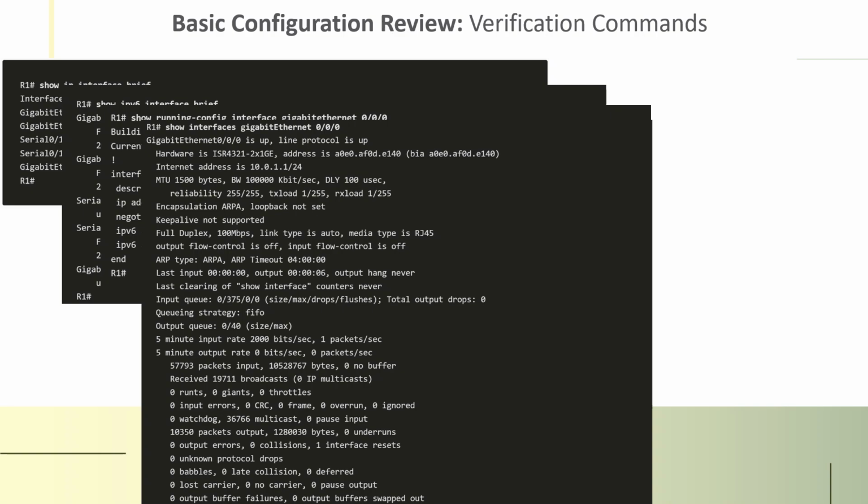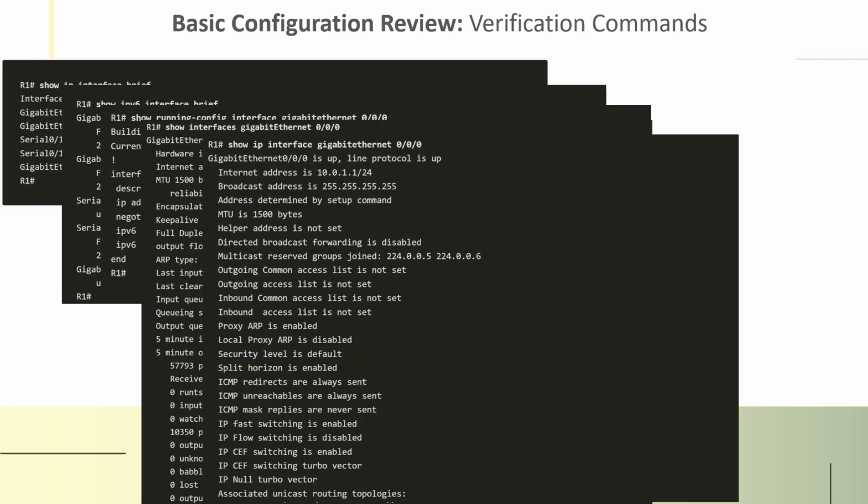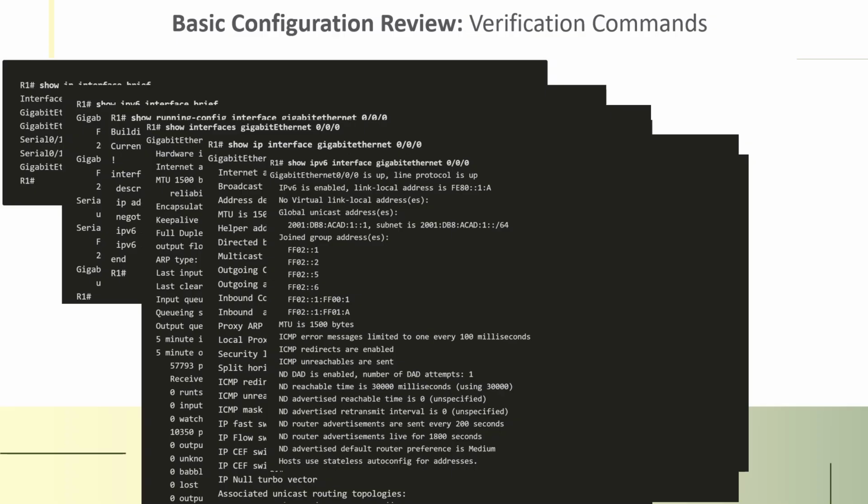And we have even the show ip interface. With show ip interface, it gives more details about the IP in a particular interface, like in this case for GigabitEthernet 0/0, and that is for the IPv4 network, and this is for the IPv6.